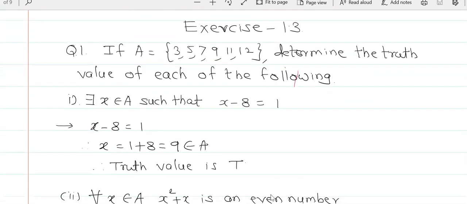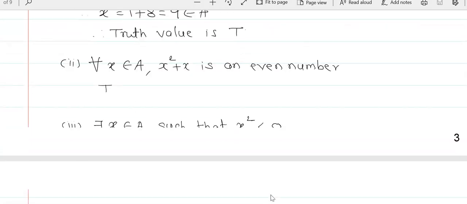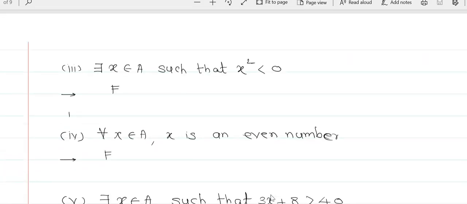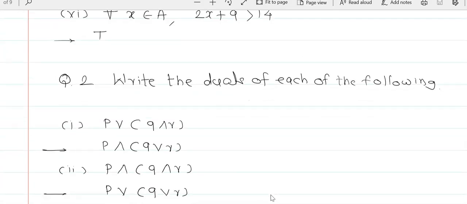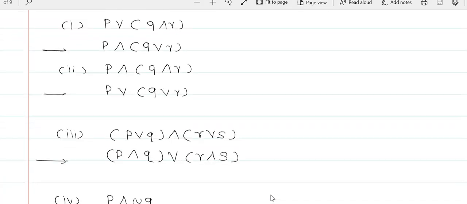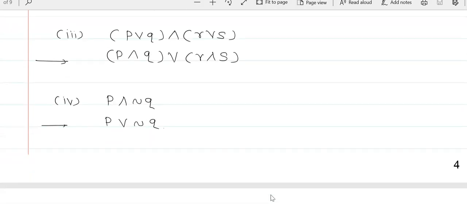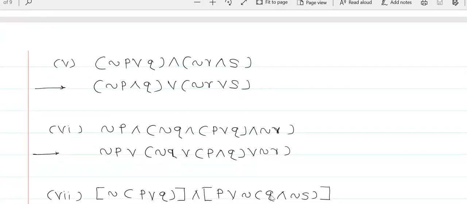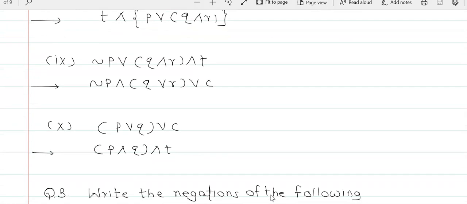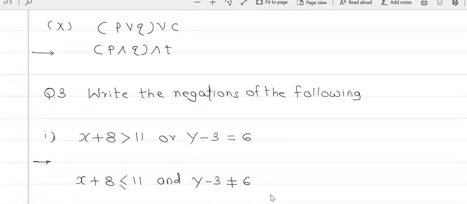This is the exercise. When I write on my digital board, the screen moves up and down. Therefore, now you can write down here.